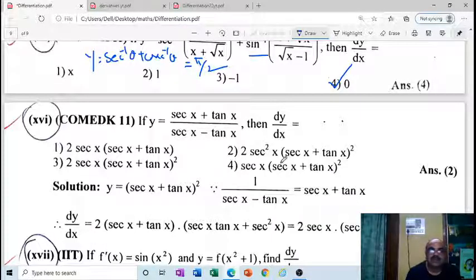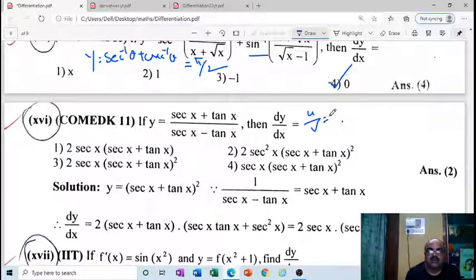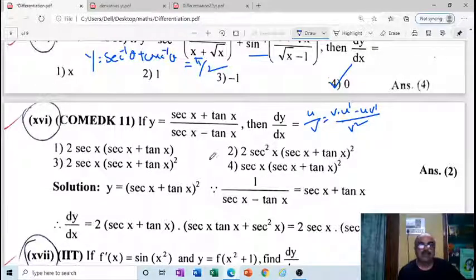Let's see what is going to happen here. It's u by v, v into u dash minus u into v dash by v square. What is u and v? Before doing this, rationalize this.